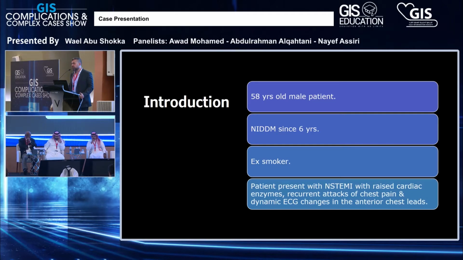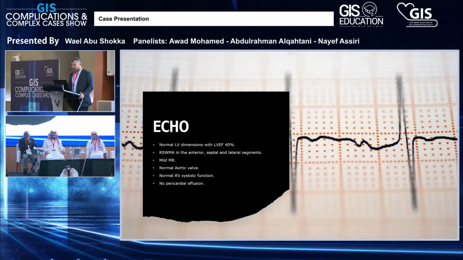He presented with non-ST elevation MI, acute coronary syndrome, with raised cardiac enzymes, recurrent chest pains and dynamic ECG changes. Echo showed left ventricular ejection fraction of 40%, resting segmental wall motion abnormalities in the LAD territory, and mild or trivial MR, with other things normal.